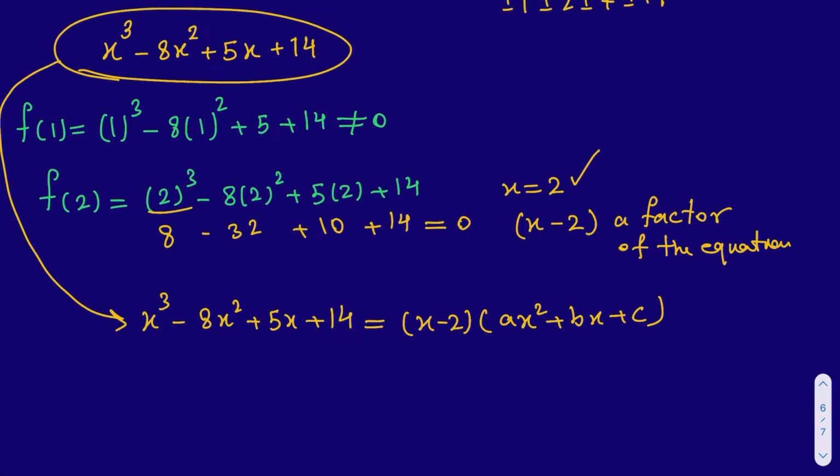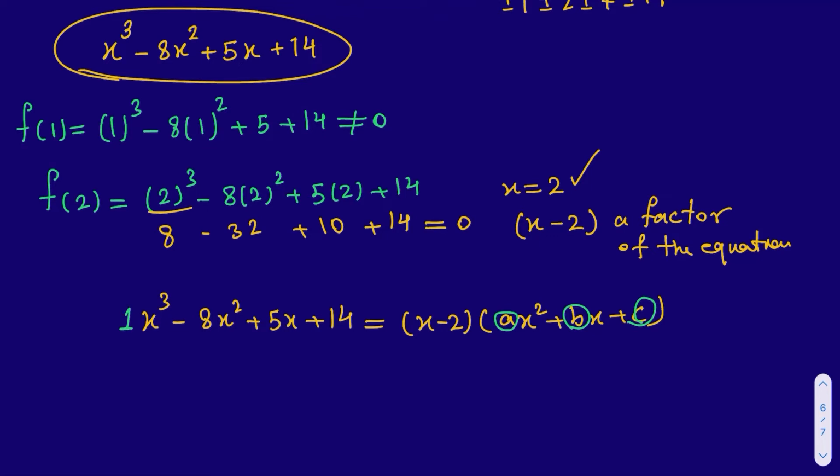Now, how to find the coefficients a, b, and c? If we find these coefficients, we are almost done. In order to find them, we need to compare both sides of the equation. Let's have a look at the original cubic expression and see what the coefficient of x to the power of 3 is.